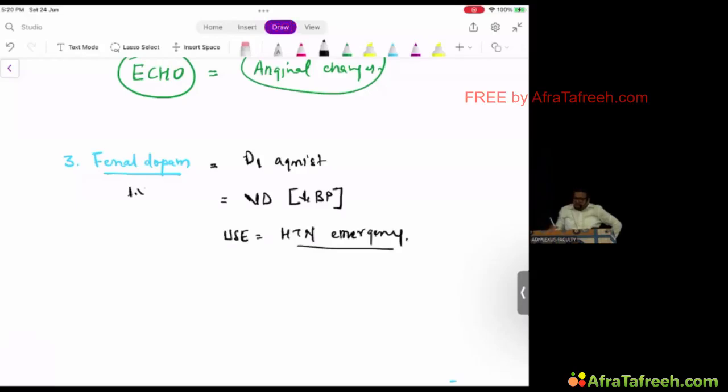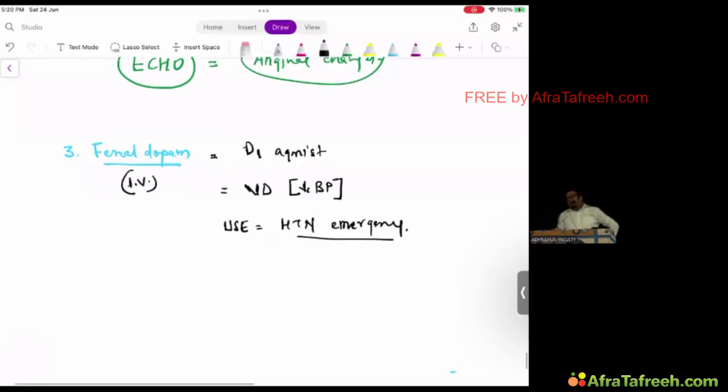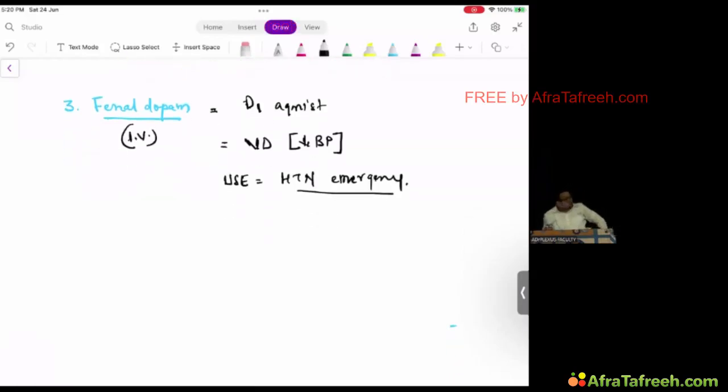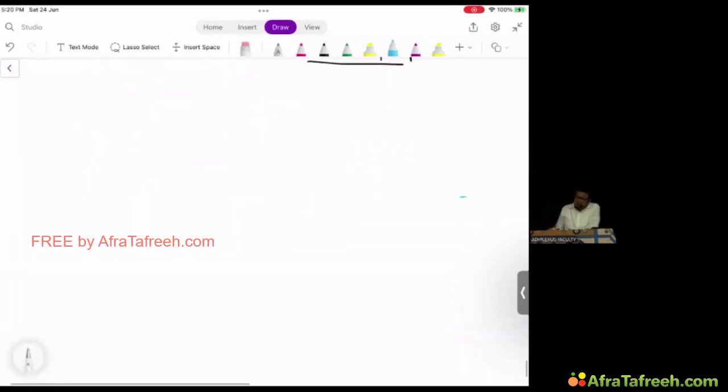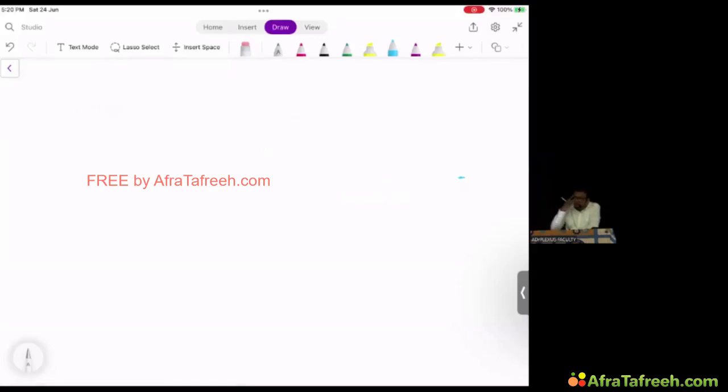Because the drug is a catecholamine, it will be given only by the IV route. Hypertensive emergency, no other use. Fenoldopam. Vasodilator, only IV, so only for hypertensive emergency. Three drugs are over. The next three drugs are very, very important, and we'll discuss them in detail.